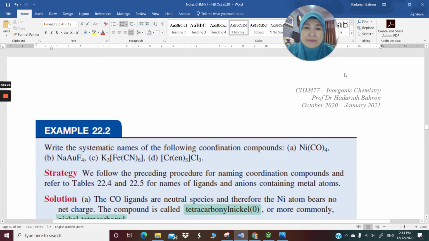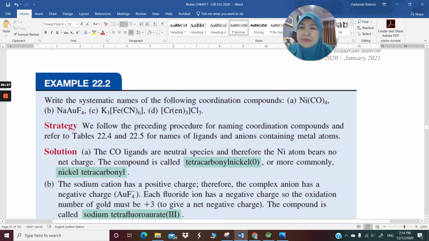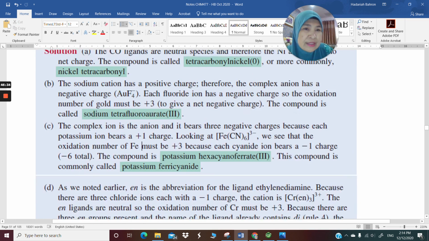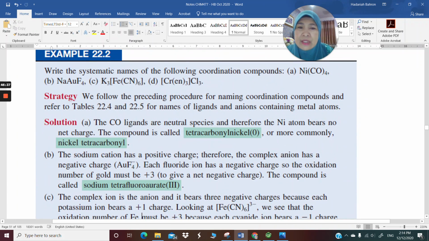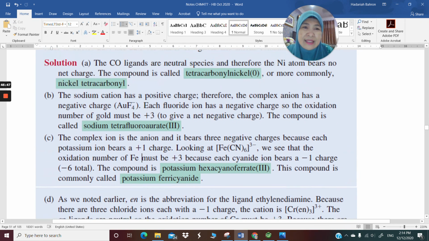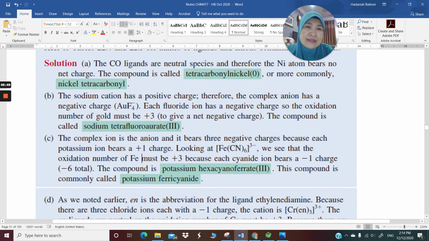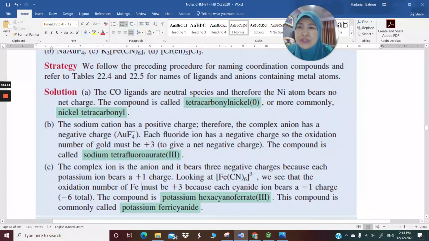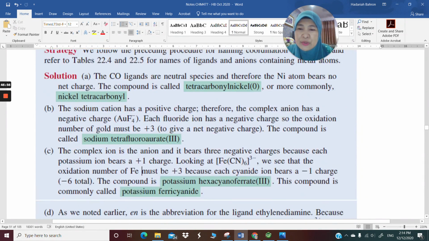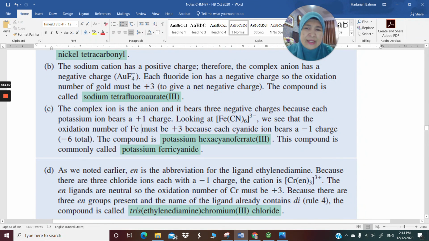I'm going to let you go through example 22.2, which is in your notes. Please go through this, and I'm going to give you a few exercises through the Telegram group. So your assignment is to go through your notes, read example 22.2, which I took from, I think, the Chang textbook. Try to understand everything.